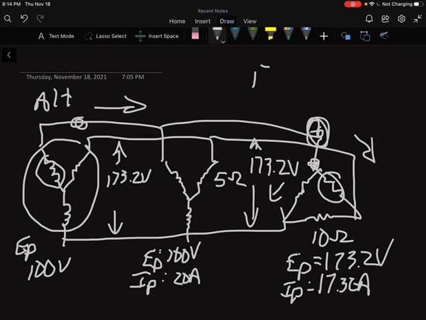So if we have 17.32 amps times root 3, so 17.32 times 1.732, that ends up giving us an answer of 30 amps, and it all depends on your rounding.